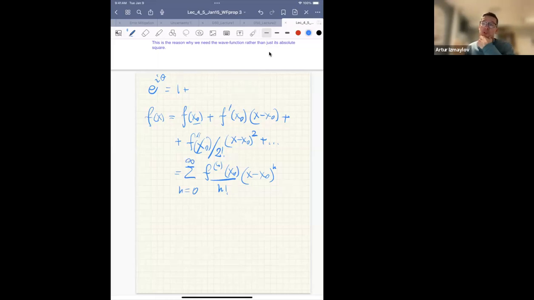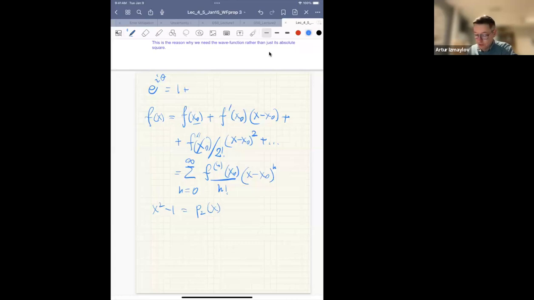Now, there are functions which have finite Taylor series, not infinite. Who can tell me what these functions are? All right, they are called polynomials. Do you know why polynomials have finite Taylor series? That's very simple, because if the polynomial has a degree, let's say x squared minus 1, that's a polynomial of the second degree, right?